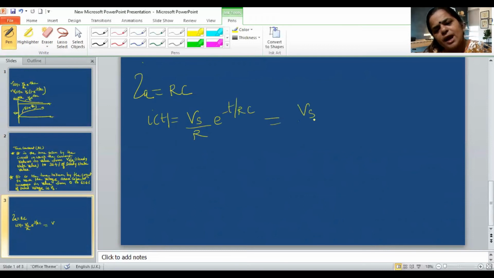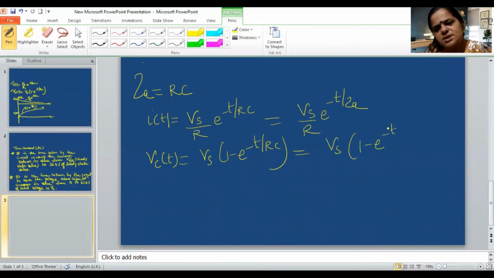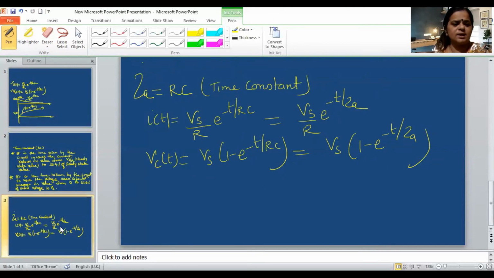So this I can write as Vs by R e to the power minus t by tau. Similarly, Vc(t) is Vs (1 minus e to the power minus t by RC), and this I can write as Vs (1 minus e to the power minus t by tau). So this is nothing but the time constant of a series RC circuit.